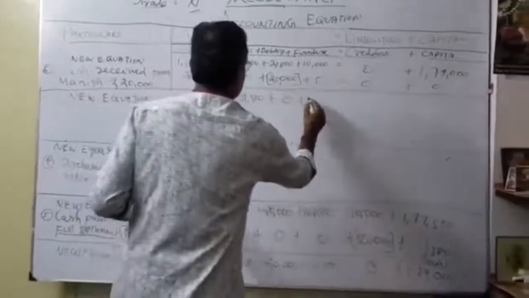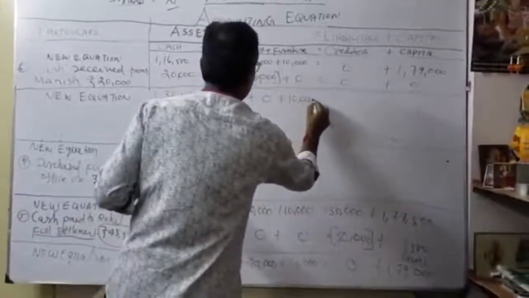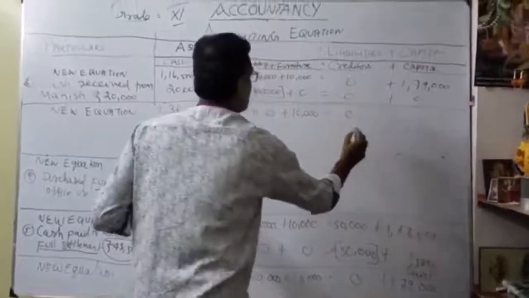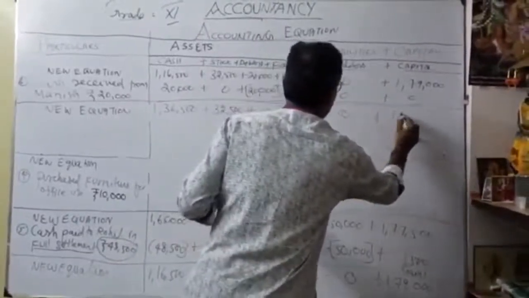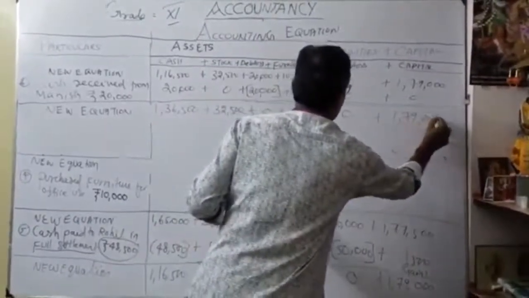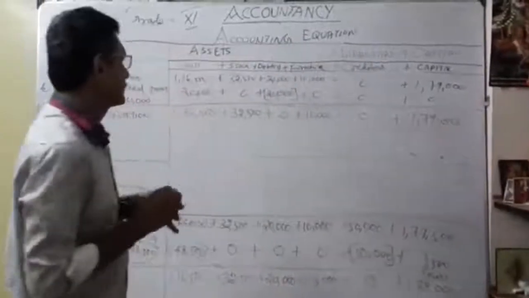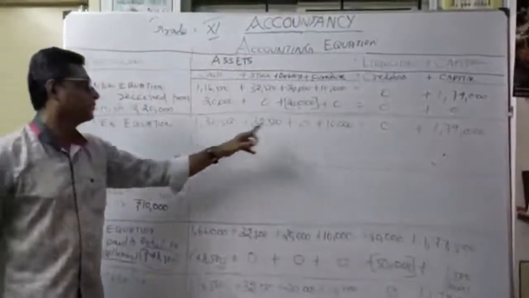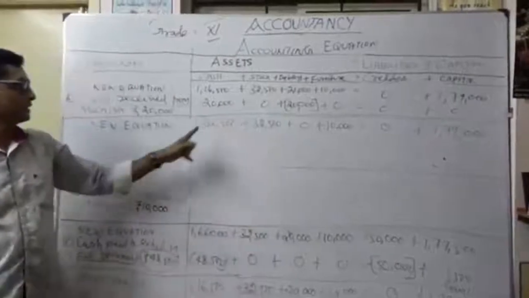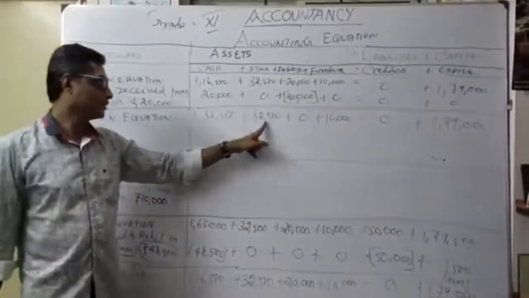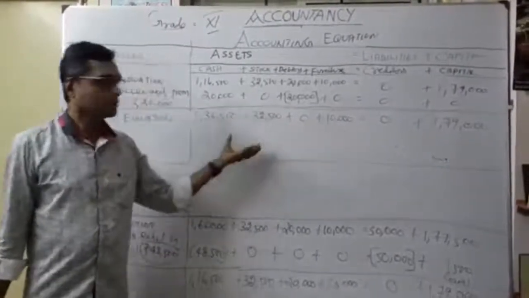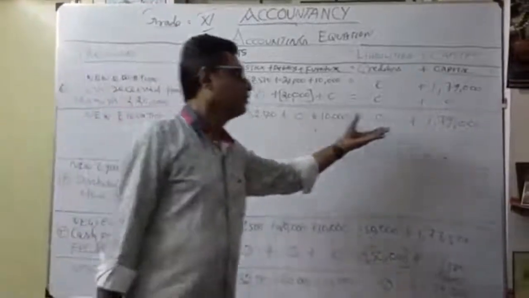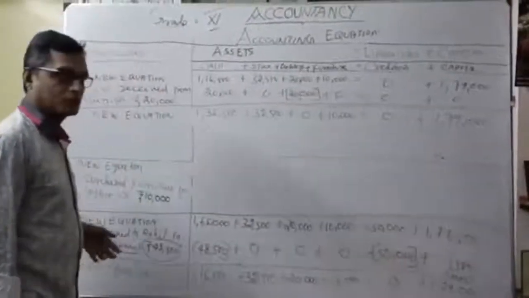The furniture, still it is there, 10,000. There is no creditors, 0, then capital 1,79,000. Now understood the new equation? When you total both sides, you get the same amount, 1,79,000. Correct? 1,36,500 plus 32,500 plus 10,000 is 1,79,000. Here also 1,79,000. Accounting equation.